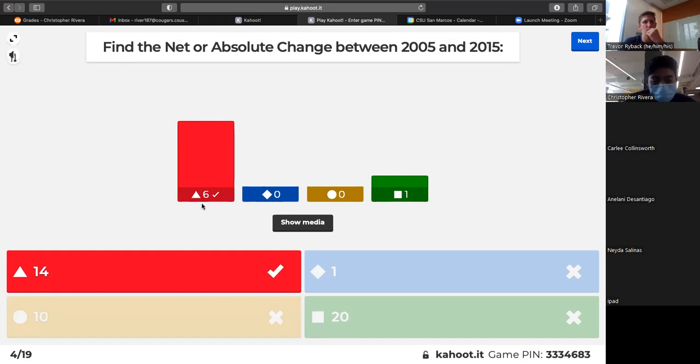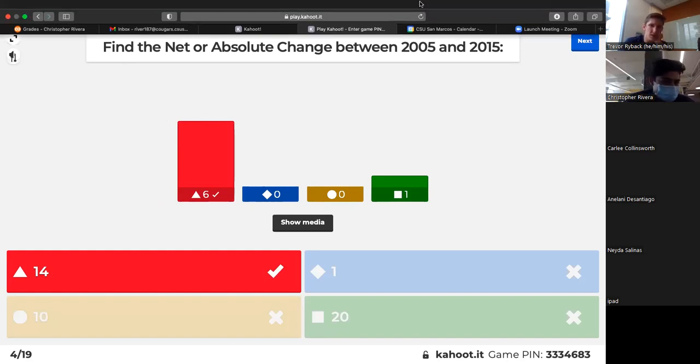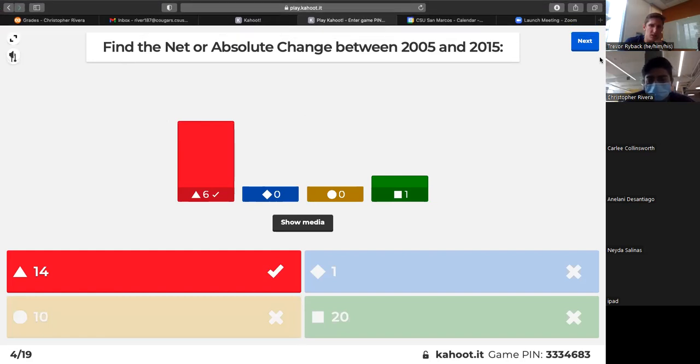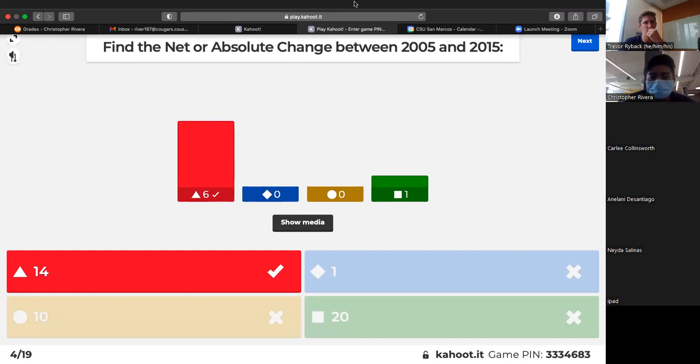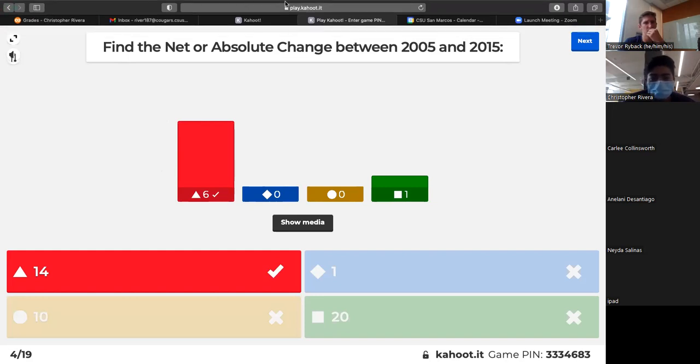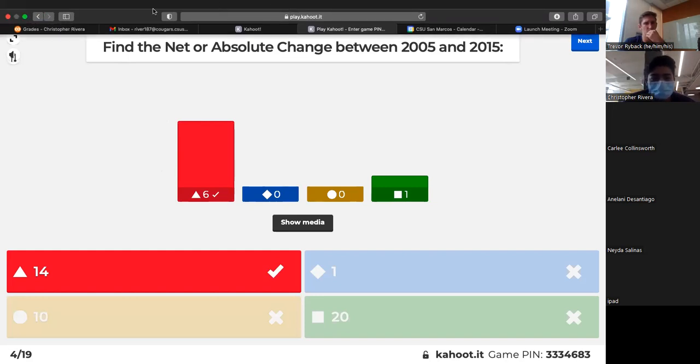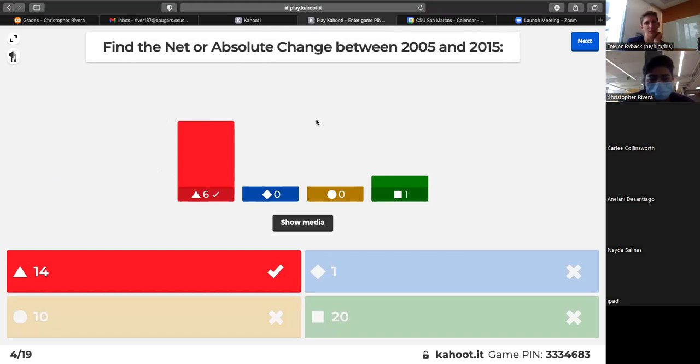It seems that the majority of you did get this one correct. I can go over a quick explanation for those who didn't understand. The question was to find the net or absolute change between 2005 and 2015.